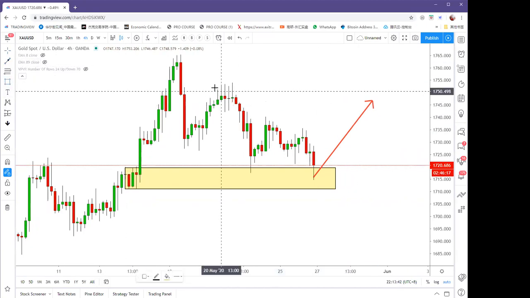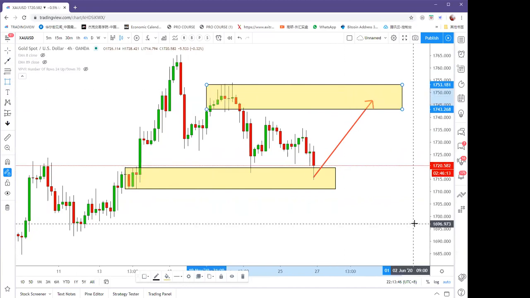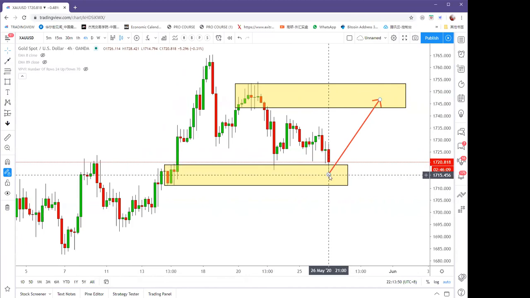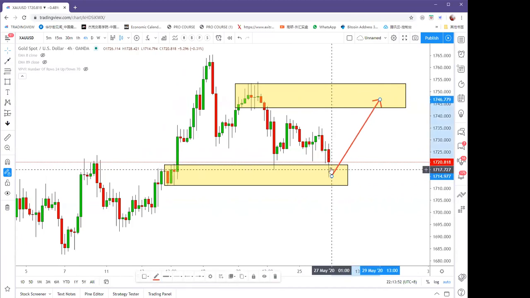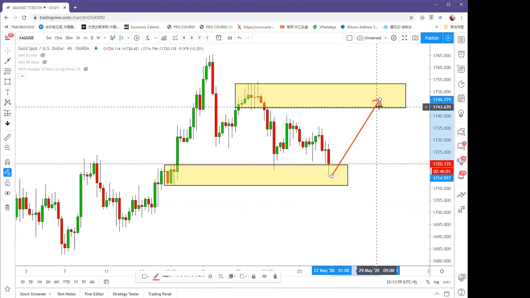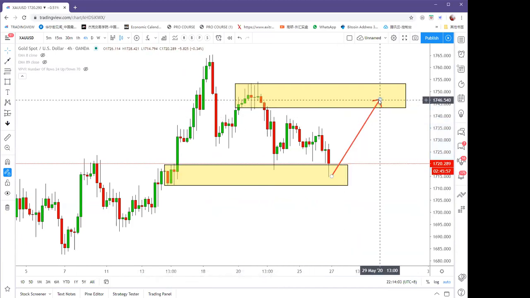Gold will go back to this place before it goes down again or rallies again. So this is a very good price to buy low and sell high. Buy the low here about 1710 to 1714, aiming for the previous pivot point at 1745.